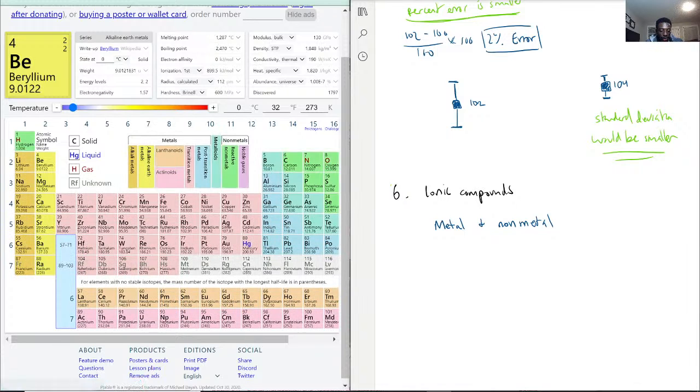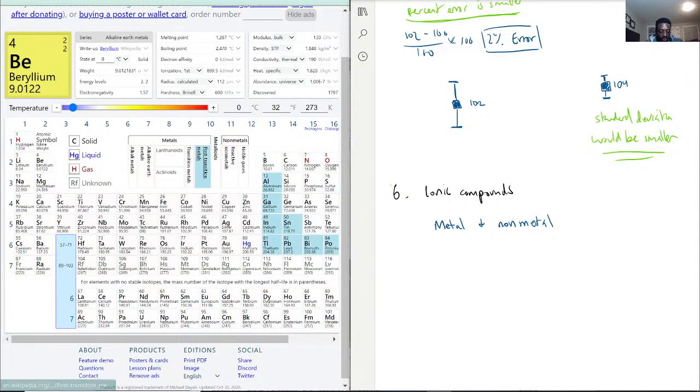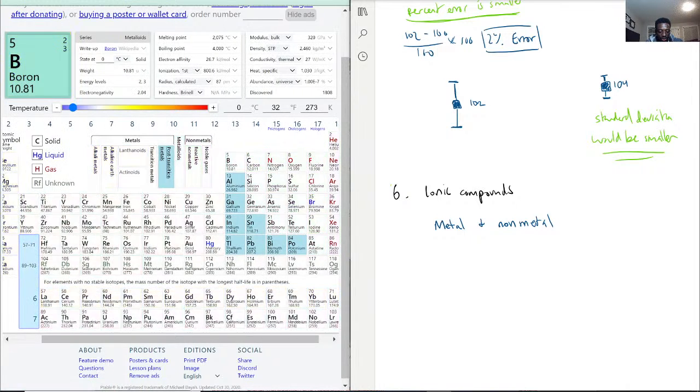You go over to columns 3 through 12, these are transition metals. And then you go over to these ones over here, but I don't really personally trust these, and these too. But these count as, I guess, almost pseudo metals. But the most things you should be focusing on, personally to me, are columns 1 to 12.